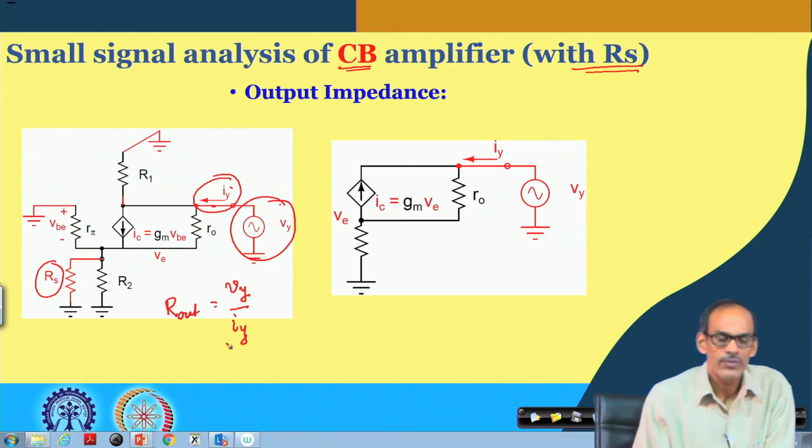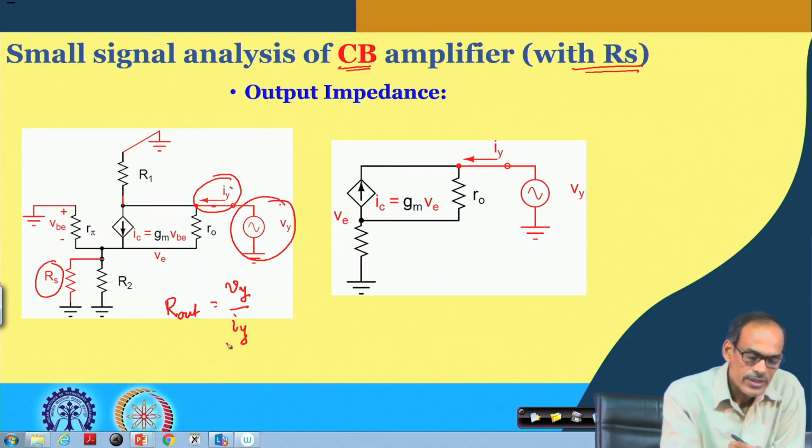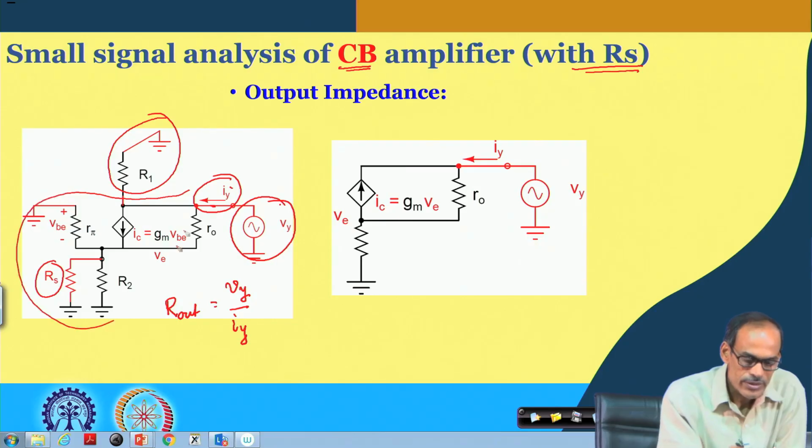Now, if you look at this circuit carefully, it can be simplified. This part is a parallel branch to ground, whereas this part is another branch.